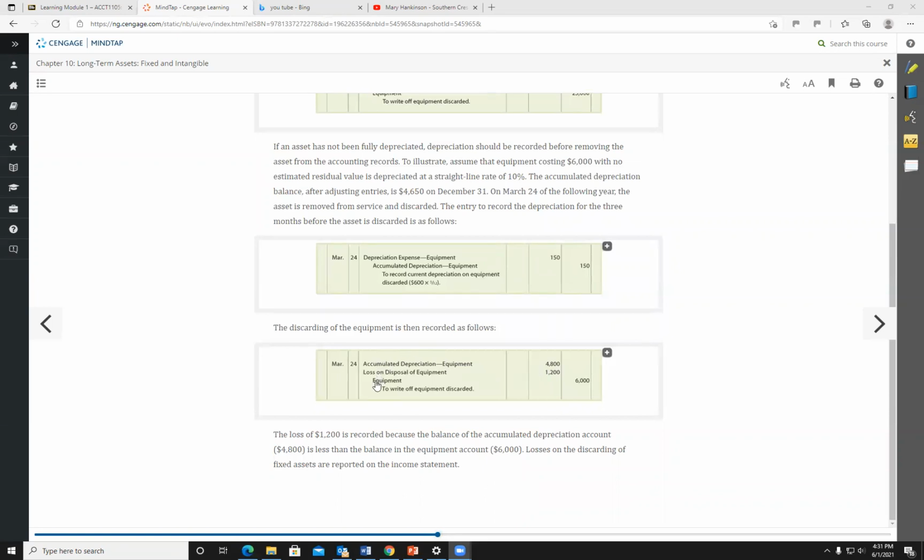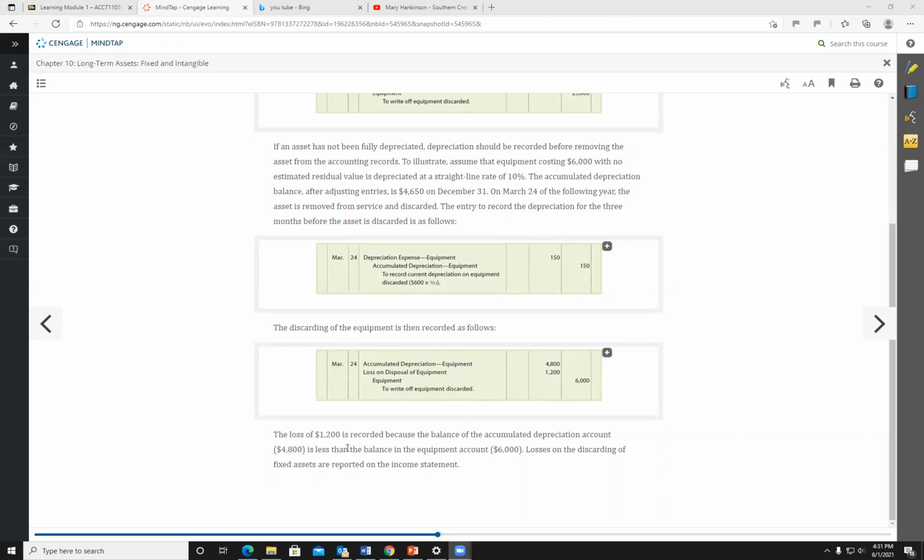And you're going to record a loss on disposal of equipment of $1,200 because that's the difference between $4,800 and $6,000, because now you've depreciated only $4,800. The total the equipment cost was $6,000. So you are going to record a loss on the disposal of the equipment of $1,200. And then, of course, you're going to zero out your asset account of $6,000.